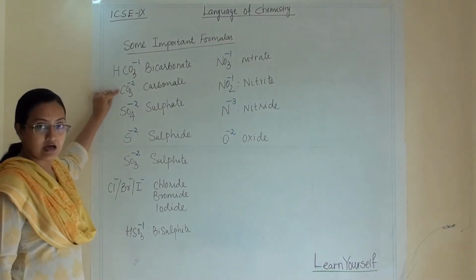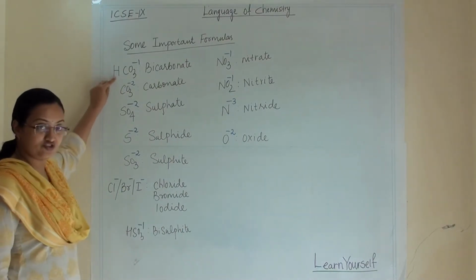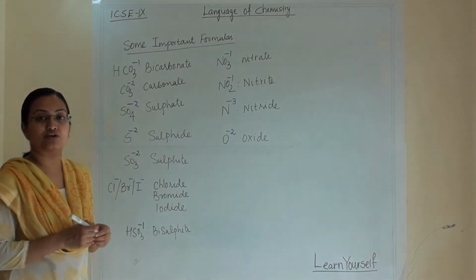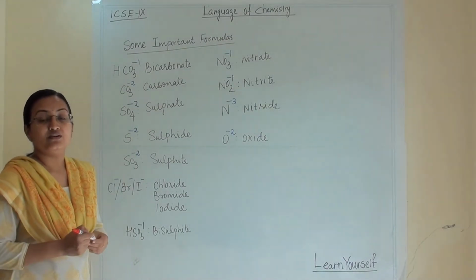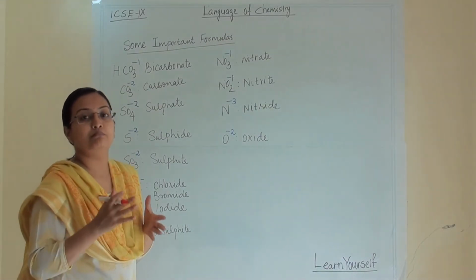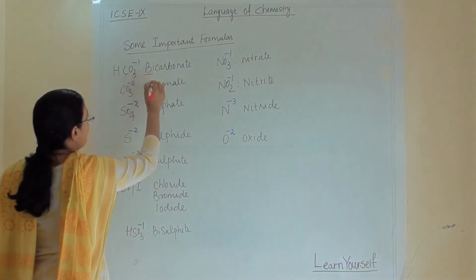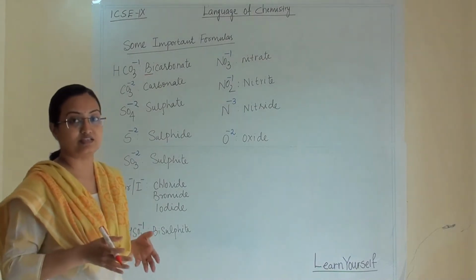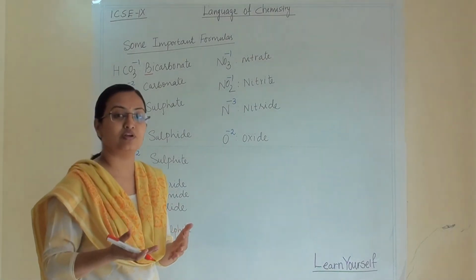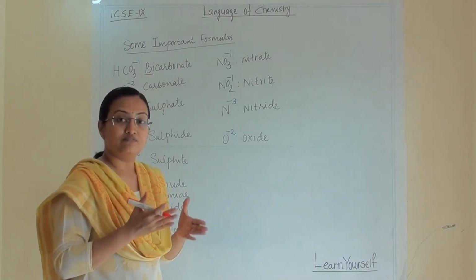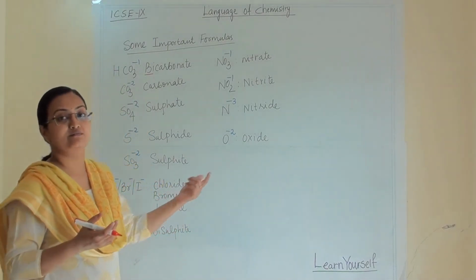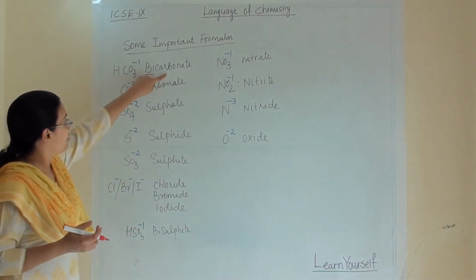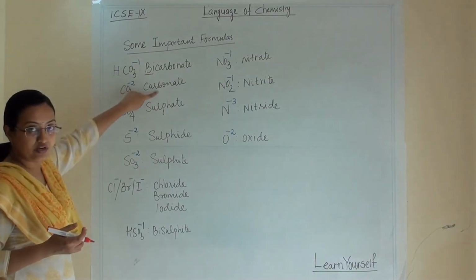First is carbonate. If you add H with it, it will be bicarbonate. Wherever H comes in front of the negative ion, you write the prefix bi. Along with this, you have to remember their valencies, because when writing the molecular formula via the crisscross method, we cross-multiply with the positive ion. CO3 is carbonate.